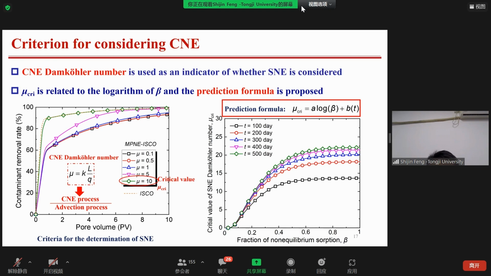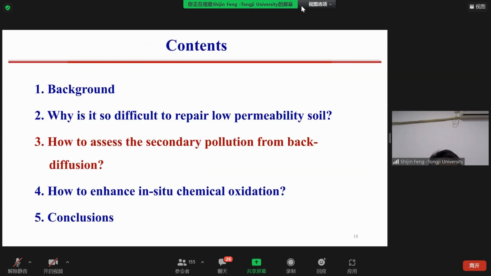We further find that the critical value is related to the logarithm of the fraction of non-sorption. Thus, we propose a prediction formula for the critical value of the CNE Damköhler number, as shown in the right-hand figure. We have known that PNE and CNE can cause plume tailing and pollution rebound. Then how to assess the secondary pollution risk for back diffusion?